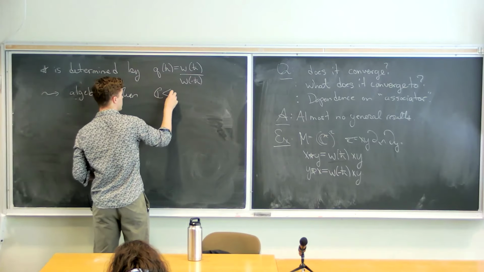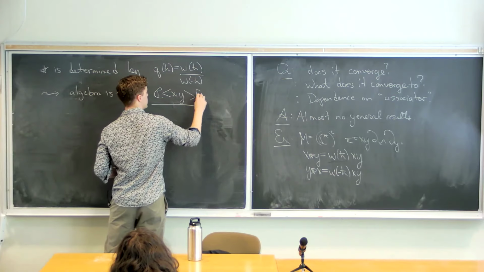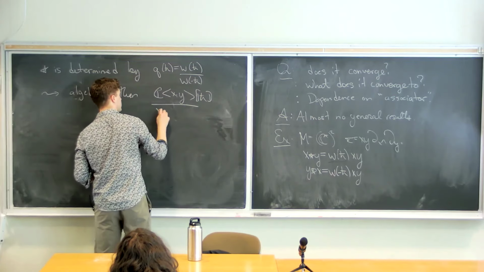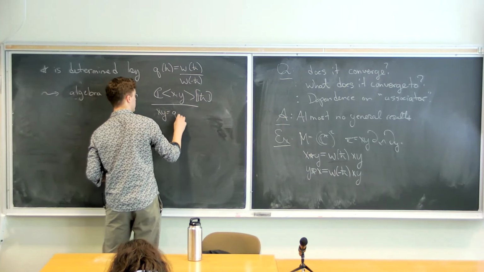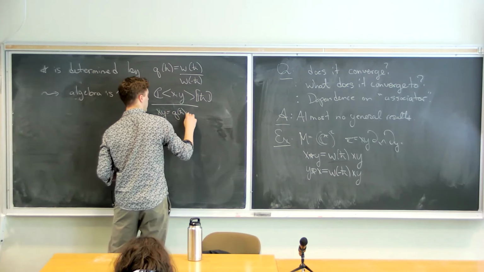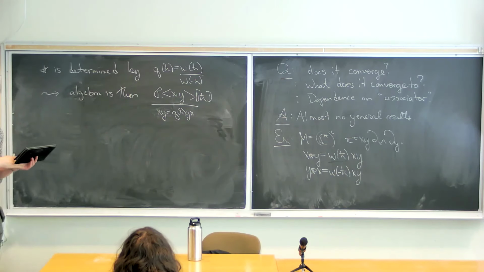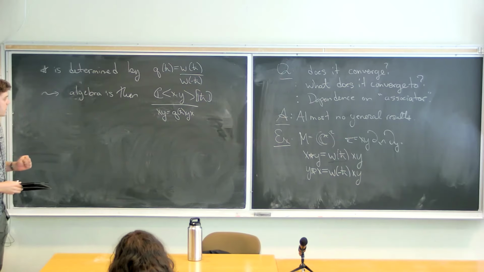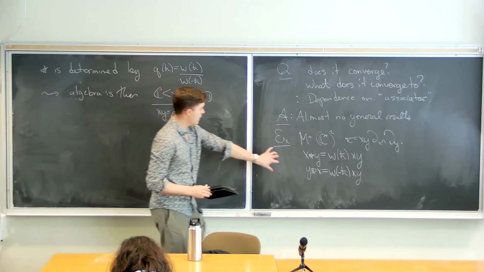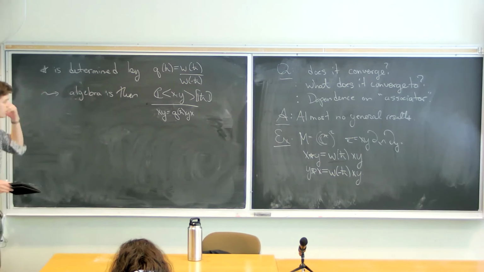It's going to look like C on X and Y with H bars, where X times Y is Q of H bar Y times X. Okay. So Kontsevich's algebra that he produces is isomorphic to this non-commutative torus.